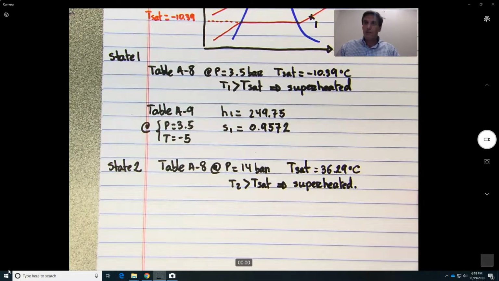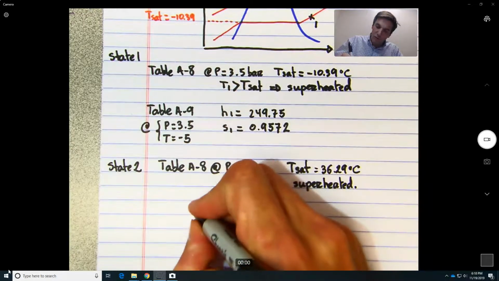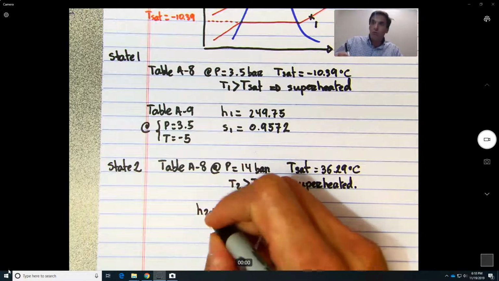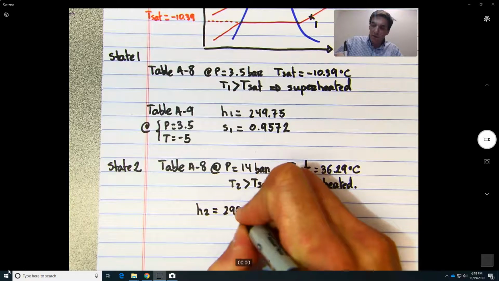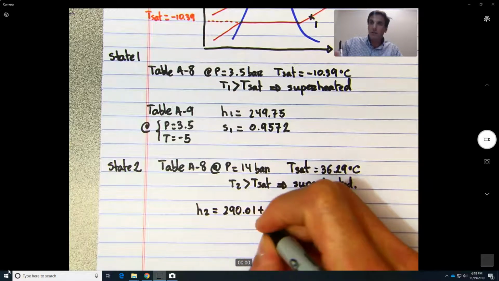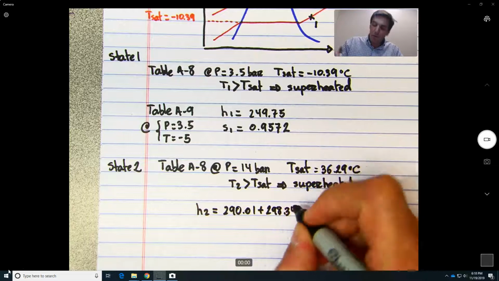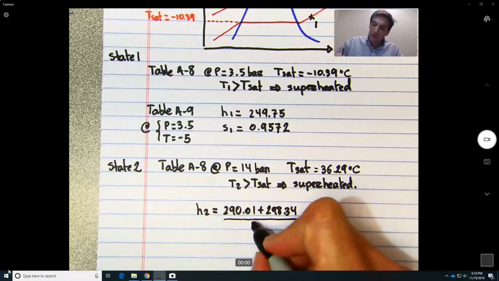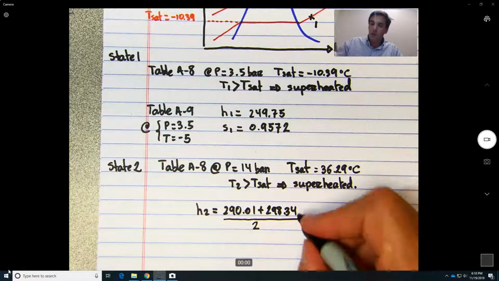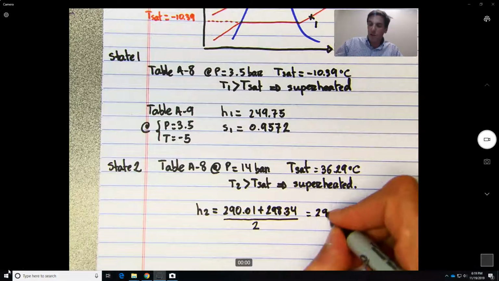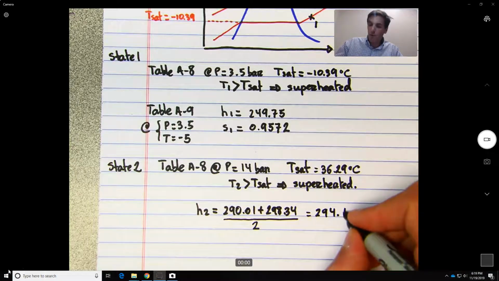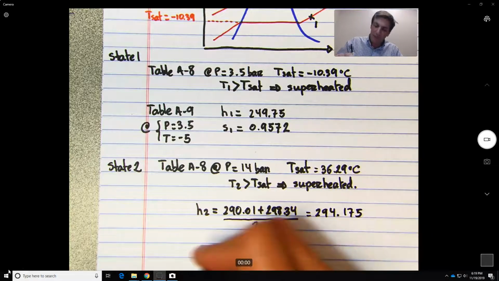So at 14 and 75, H2 will be equal to 290.01 plus 298.34 divided by 2, which gives us 294.175.